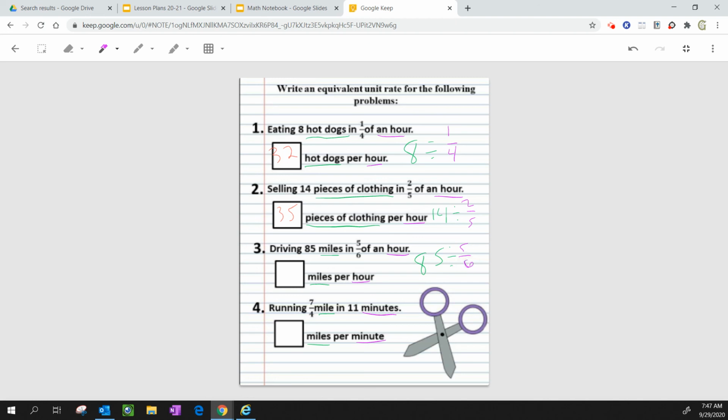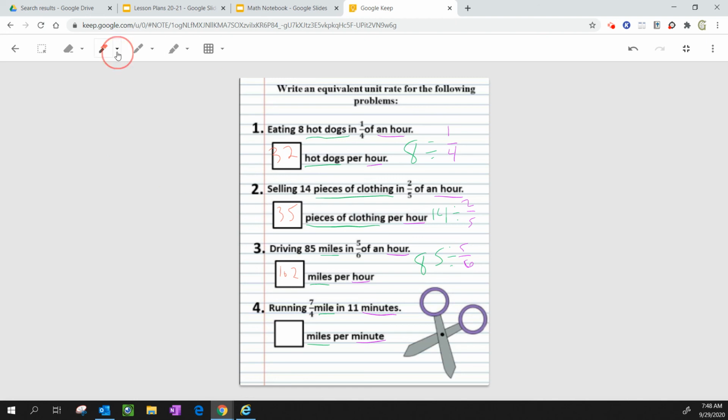In your calculator, you are going to type 85 divided by 5 ABC 6, and you should have gotten an answer of 102 miles per hour.